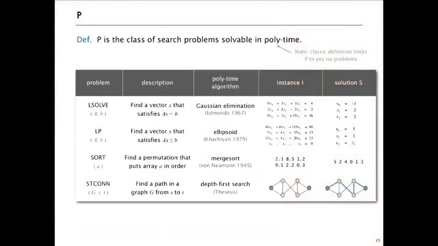We already showed LSolve because Gaussian elimination runs in polynomial time. And we already talked about LP because Khachiyan's algorithm works for linear programming. Pretty much all the algorithms that we've covered in this course are cast as search problems and also have polynomial time solutions.